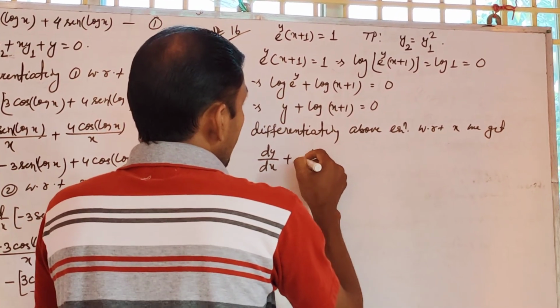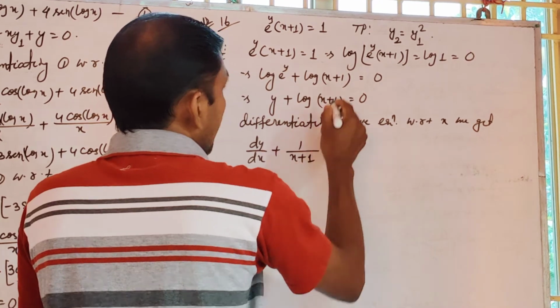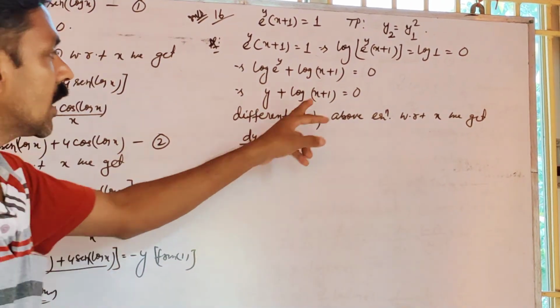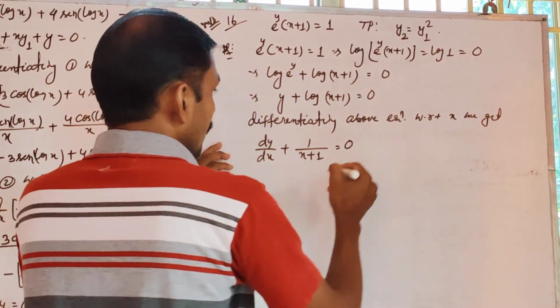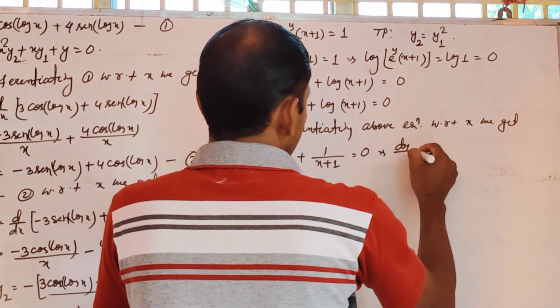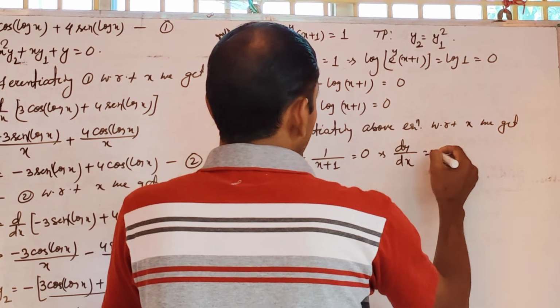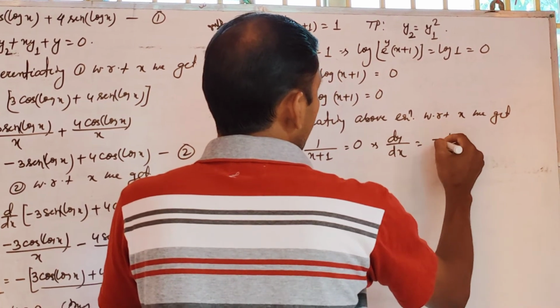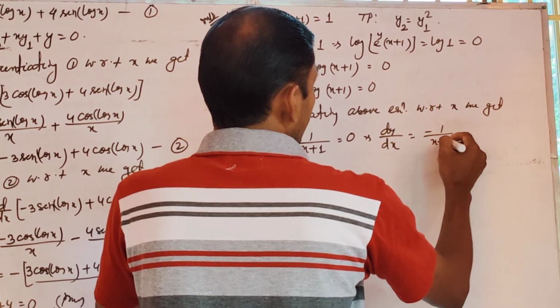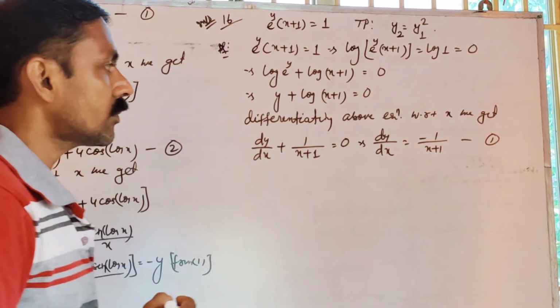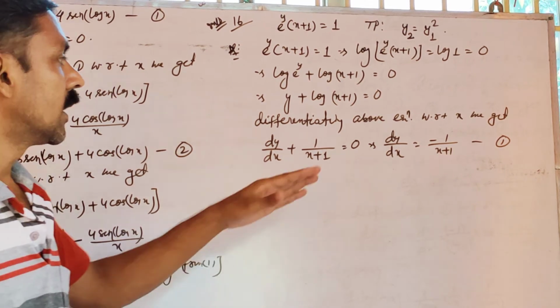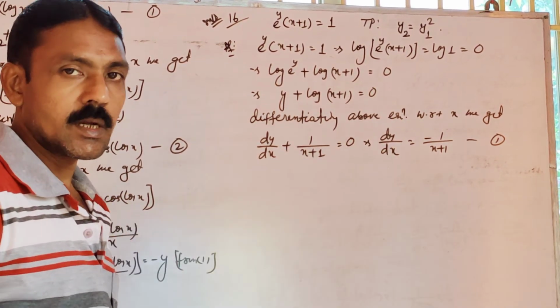It is in the form of log x, so first it is 1 by x plus 1 into derivative of x plus 1, which is 1. This equals 0. This implies dy by dx equals, you take it to this side, minus 1 by x plus 1. Give it equation number 1.